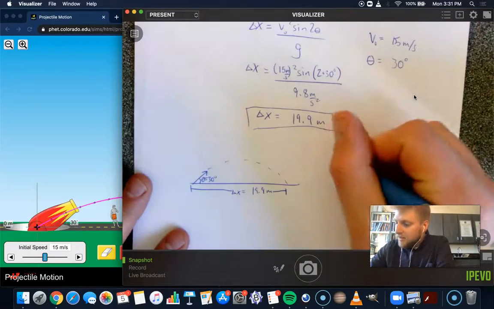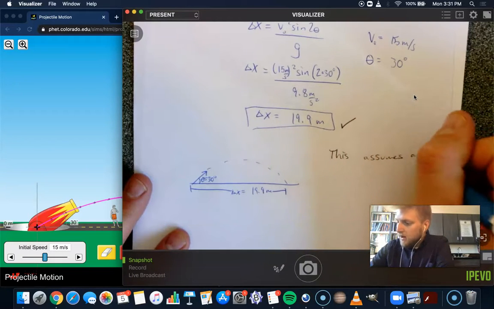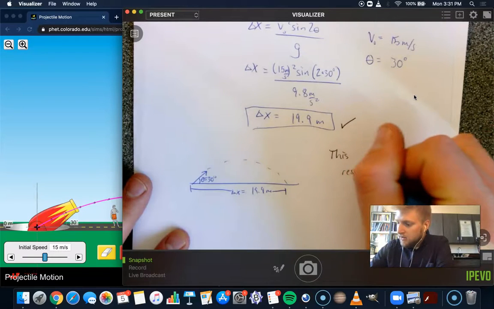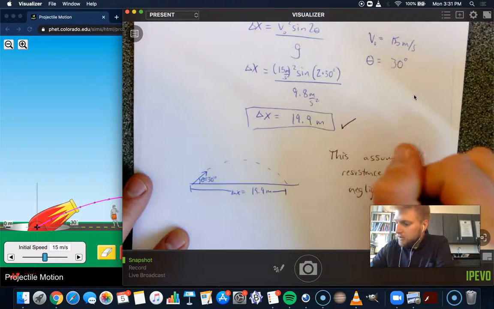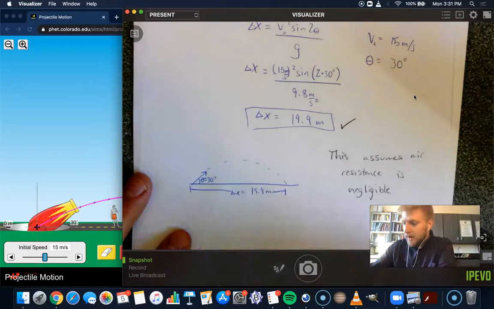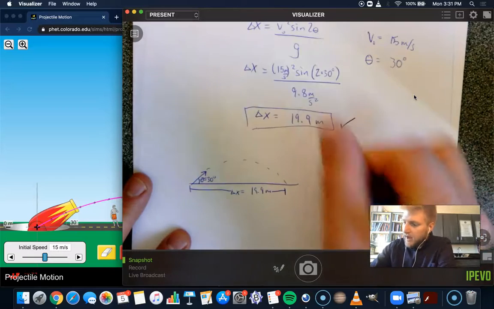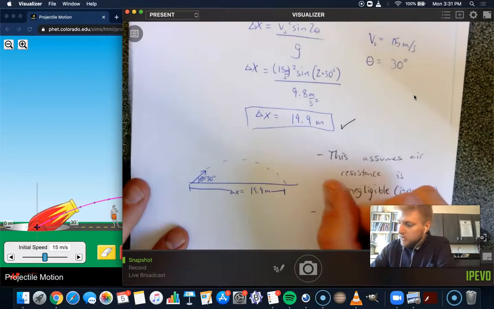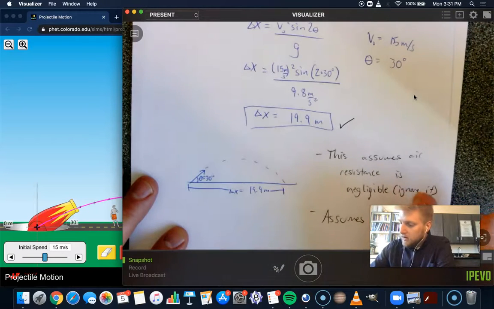What we want to say is that this assumes air resistance is negligible. Hope I spelled that right. That means that we can ignore it. And this also assumes we are near Earth's surface.